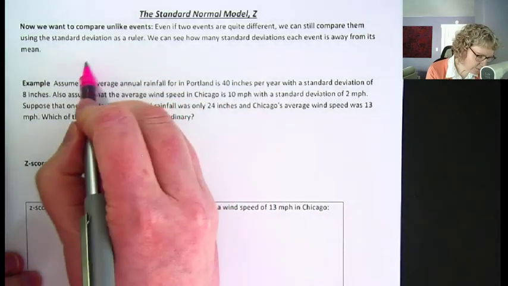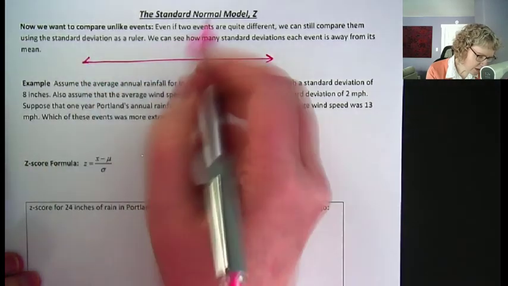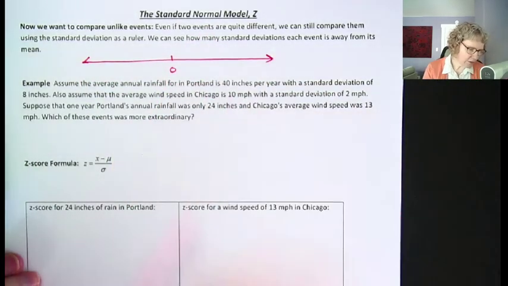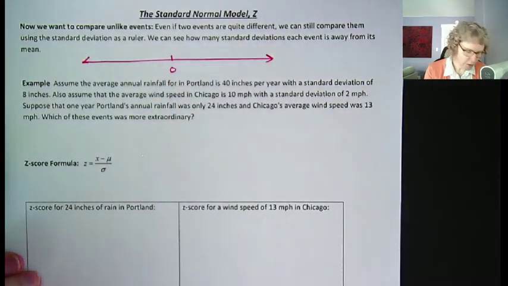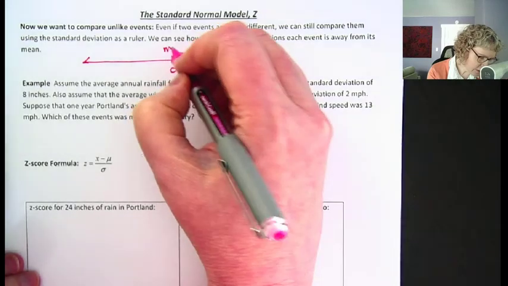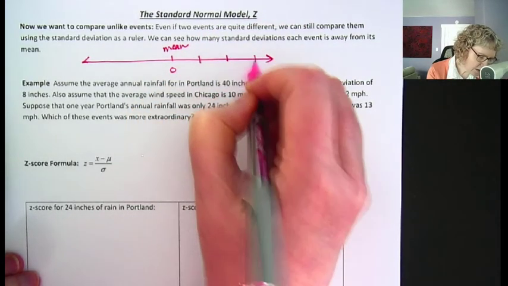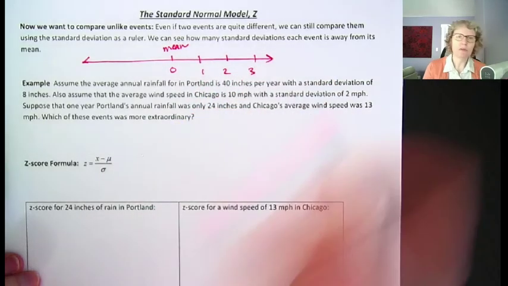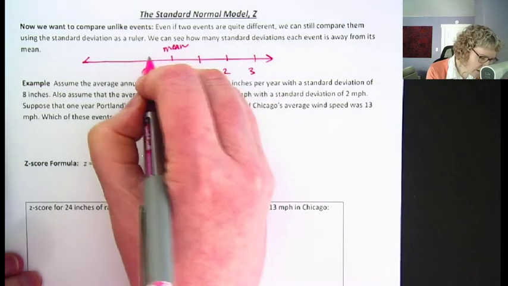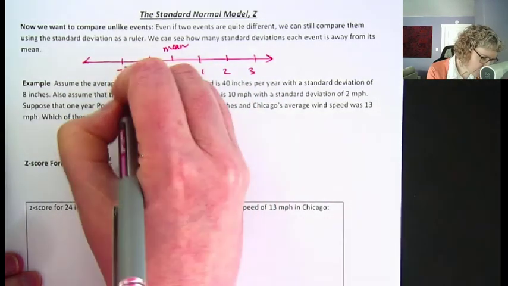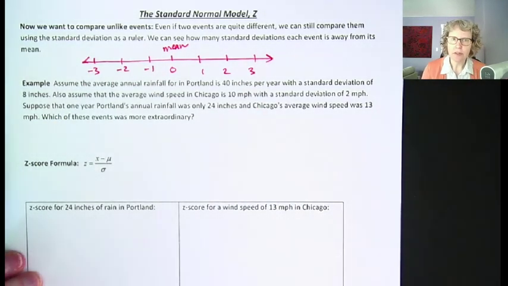Let me draw just a little number line here, and I'm going to put 0 in the middle. This is if something lands right on the mean, we're going to say that is right at 0. And then we're going to label 1, 2, 3 for 3 standard deviations to the right, and -1, -2, -3 for 3 standard deviations to the left.